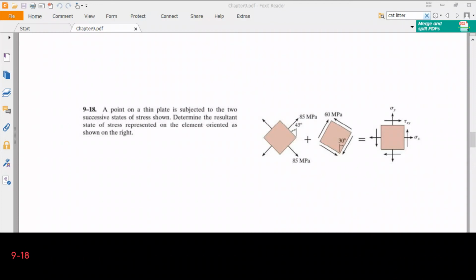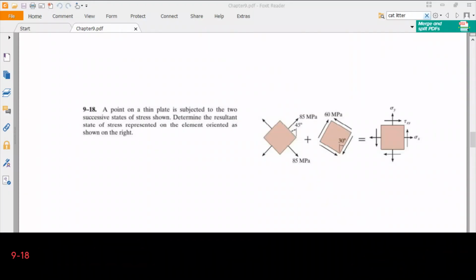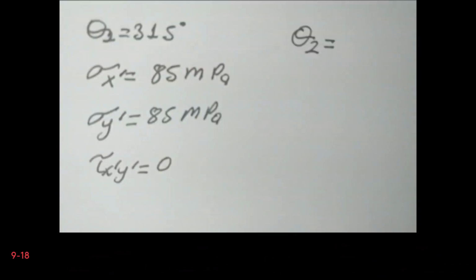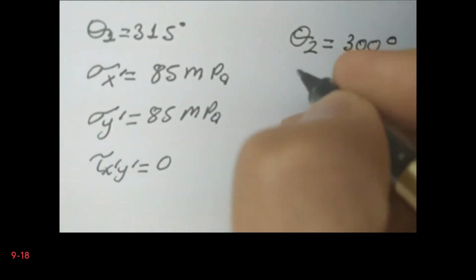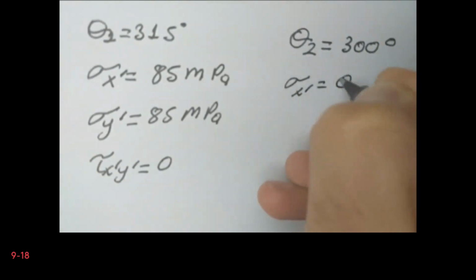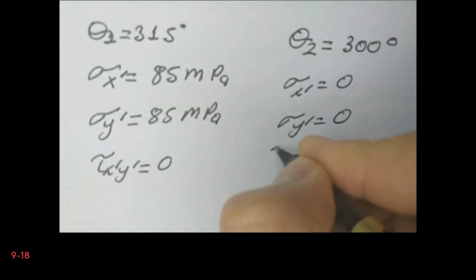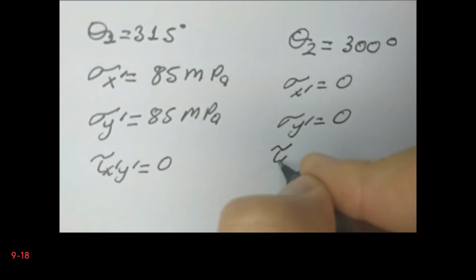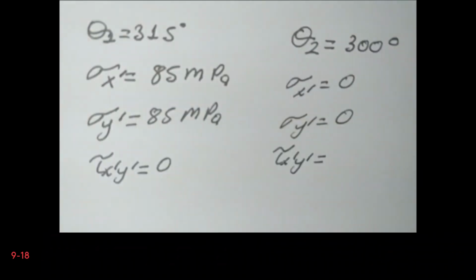So let's write it. Theta 2 is equal to 300 degrees. Sigma x prime is equal to 0. Sigma y prime is equal to 0. And tau x prime y prime is equal to 60 megapascals.